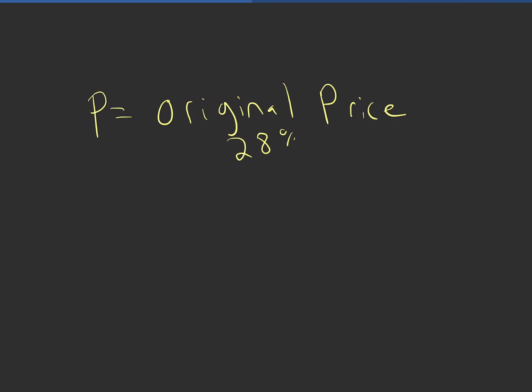So I'm going to start with the starting amount. I'm going to write P equals the original price. That's the starting price, I'll just call that P. From there, remember, now we get 28% off. If something is 100% of itself, the original price is 100% of itself, and you're taking away 28% of that, notice you're still keeping 72%.